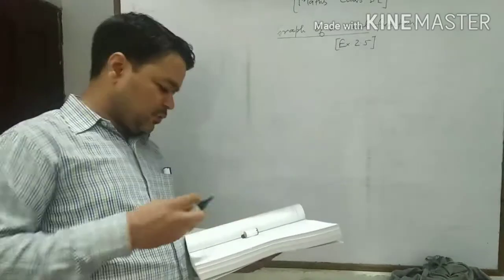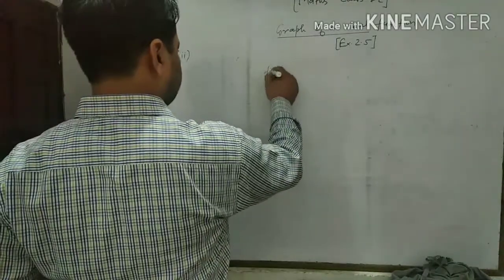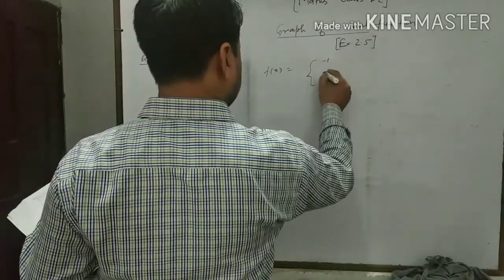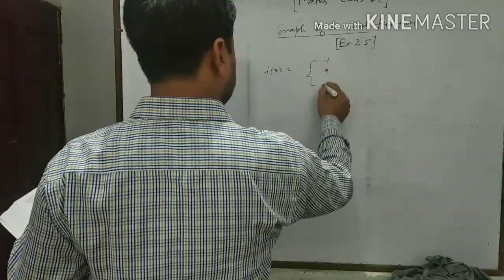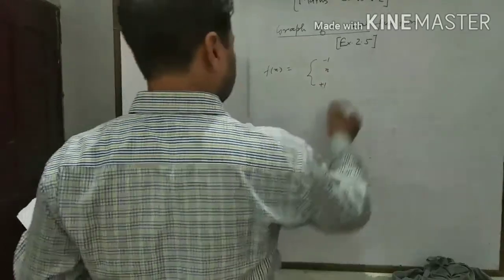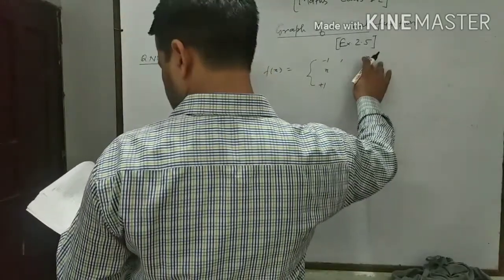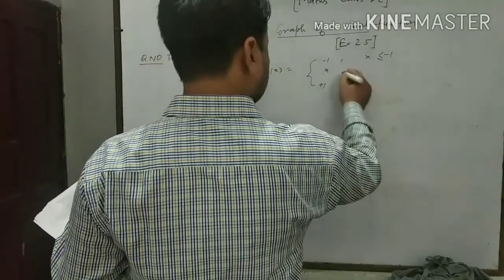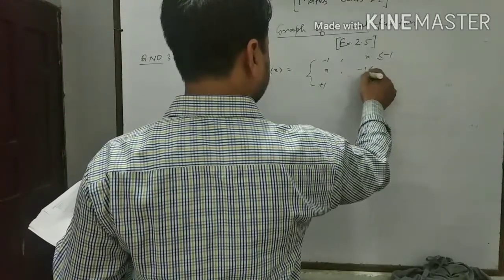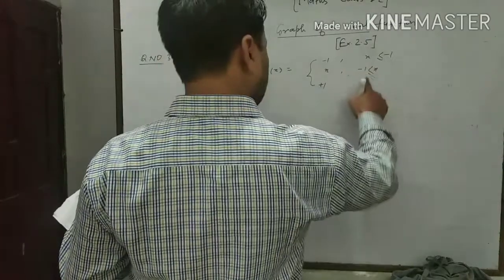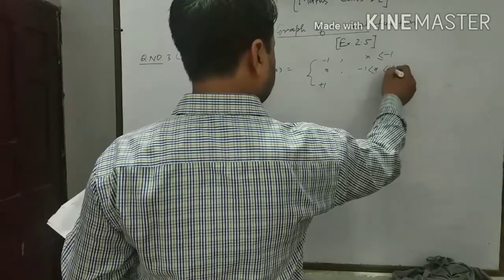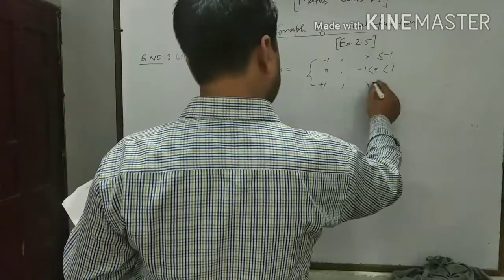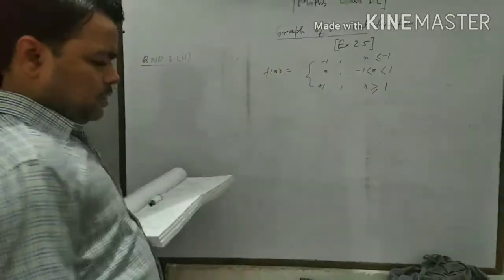The function is defined this way: f of x is equal to minus 1 when x is less than or equal to minus 1, x when x is greater than minus 1 but less than 1, and plus 1 when the value of x is greater than or equal to 1.